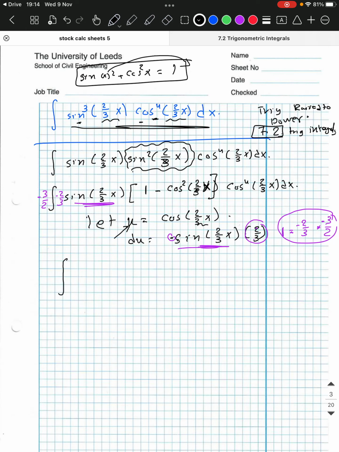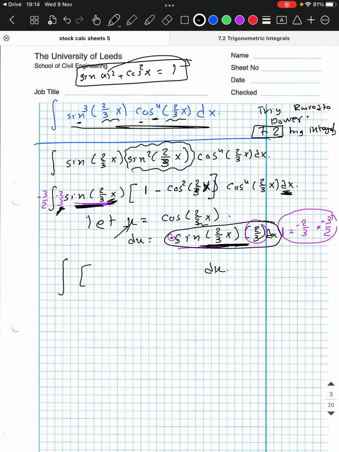This is a part of my derivative, and this is a part of my derivative, so it's going to be du at the end. du accounts for sine 2 over 3x, the number minus 2 over 3 and dx, since they all are here in my derivation.